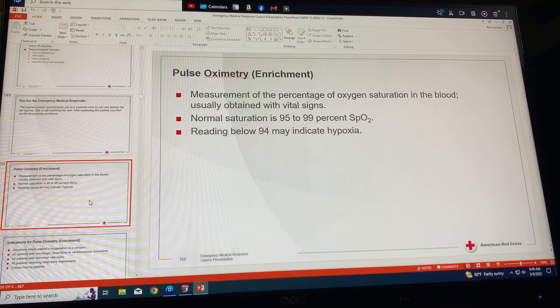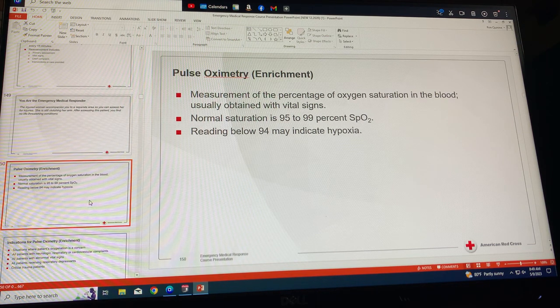The percentage of oxygen saturation always should be documented whenever vital signs are recorded and in response to therapy to correct hypoxia. A reading below 94% may indicate hypoxia.